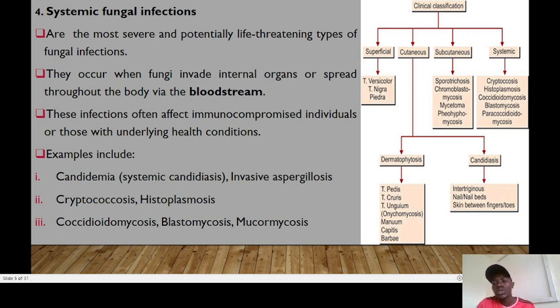These infections often affect immunocompromised individuals or those with underlying health conditions, like diabetes mellitus, all right? Examples we have candidemia, cryptococcosis, coccidioidomycosis, or histoplasmosis, which is so common for that case.